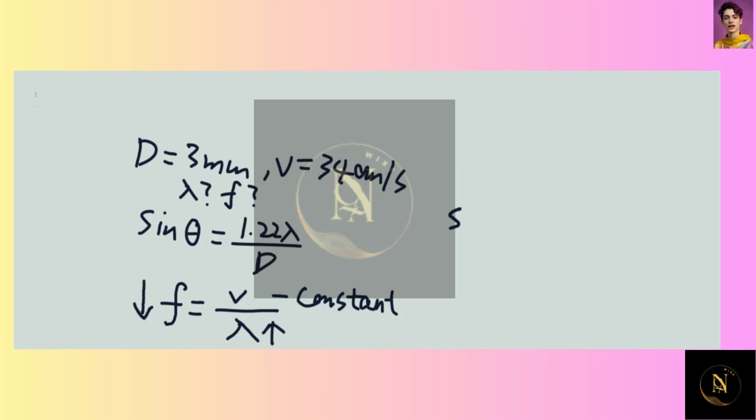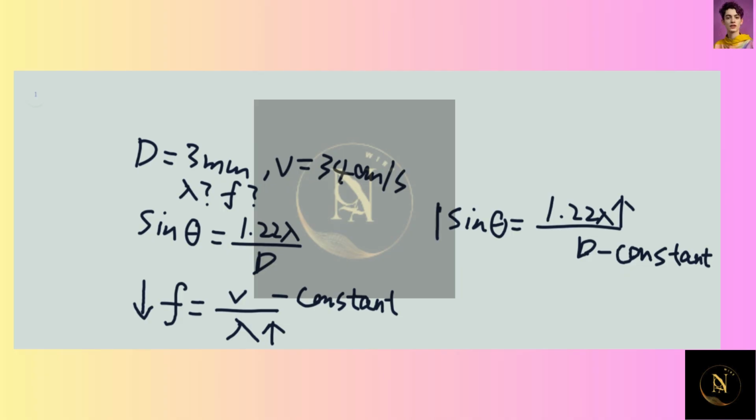Let's rewrite the equation here: sine theta equals 1.22 lambda divided by d. Lambda is increasing until it reaches the largest value it can get. D is fixed at 3 millimeters. That means sine theta must increase as well, because sine theta and 1.22 lambda are positively related.